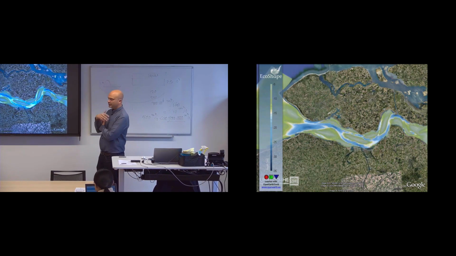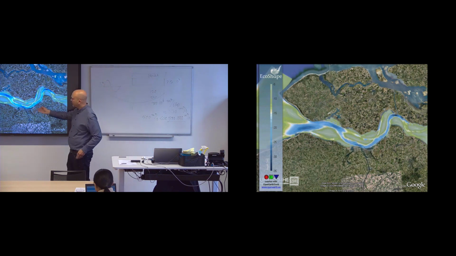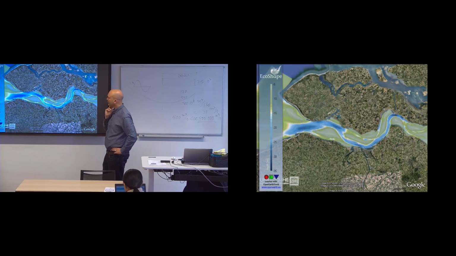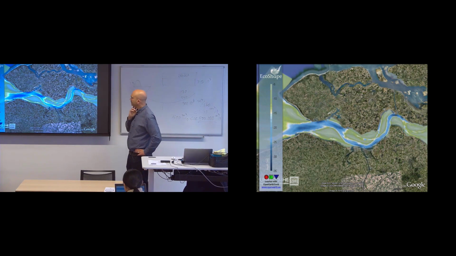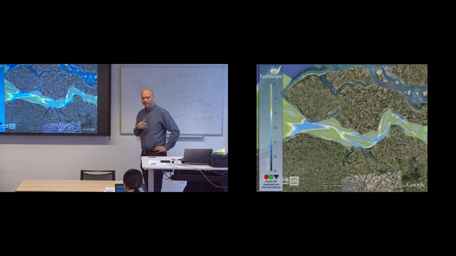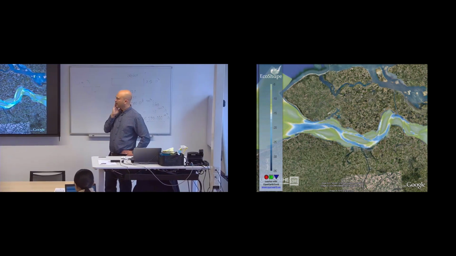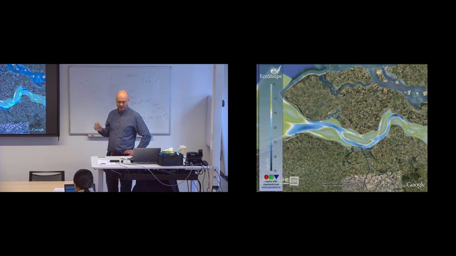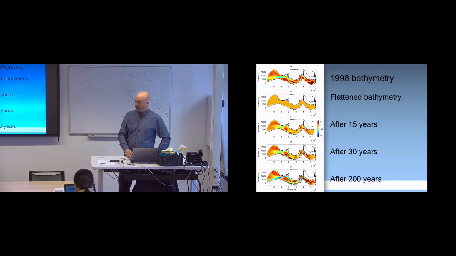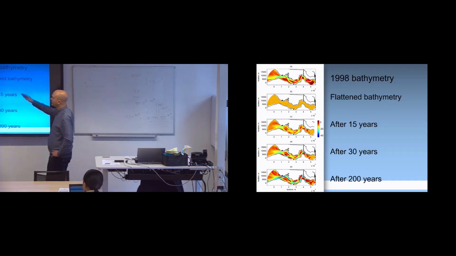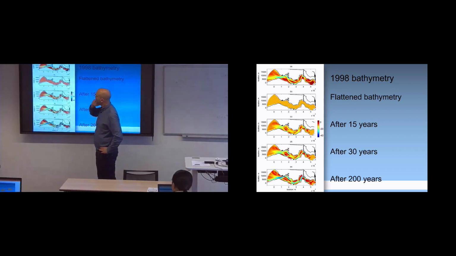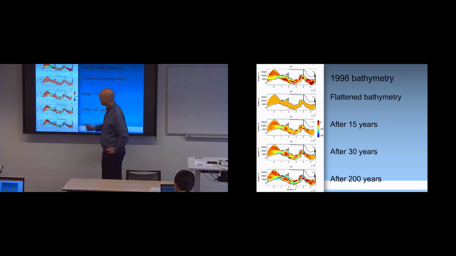You can see the same development as in the earlier movie, where in the beginning you see a lot of morphodynamic activity, and later on there's less. This is a run that covers about 200 years. The question is, how does it look? This is the 1998 bathymetry, and this is the development over time. How much does this look like that?